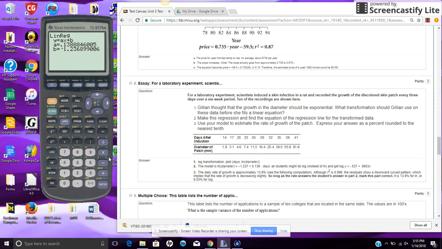Now, here's my equation. So y equals 0.139x, which is days, plus b. There is my model. And then it says use this model to estimate the rate of growth of the patch. Express your answer as a percent rounded to the nearest tenth.